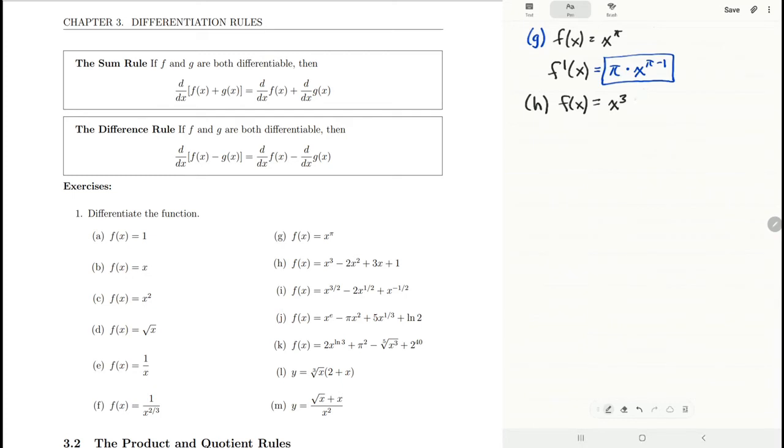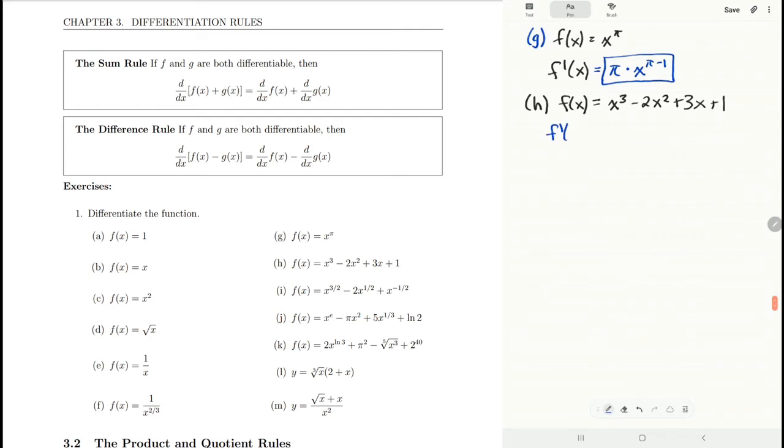So for the next one, we have f is x cubed minus 2x squared plus 3x plus 1. So we have a polynomial. So now we can use the other rules to differentiate this function. So we're going to differentiate each term separately and then add them all together.